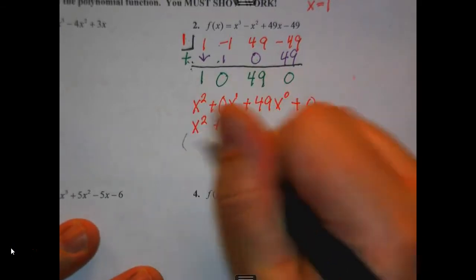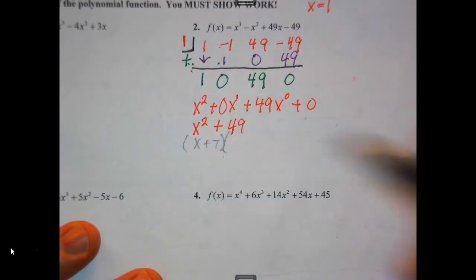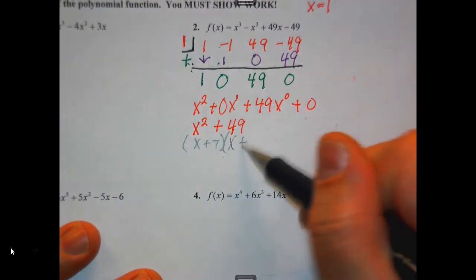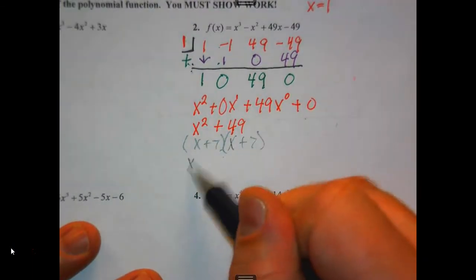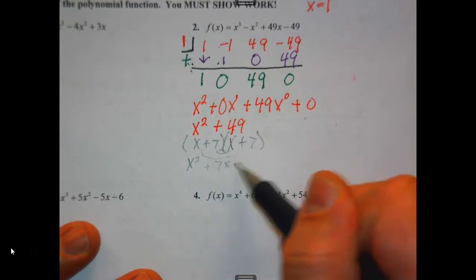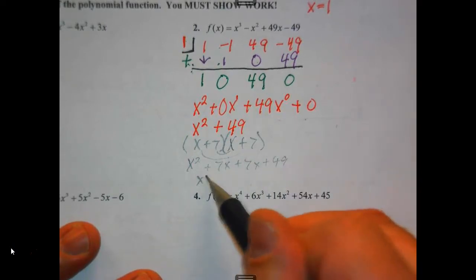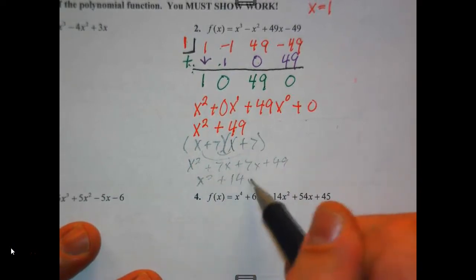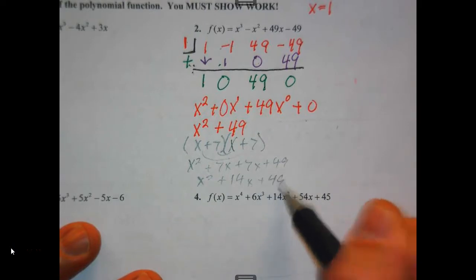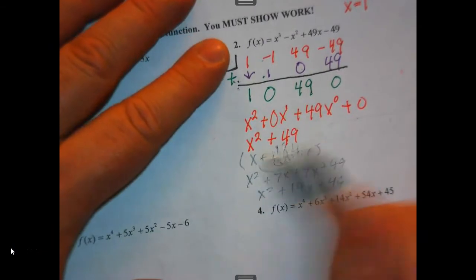X plus 7 and what? X plus 7, x plus 7. Let's see, that gives me x squared plus 7x plus 7x plus 49, which gives me x squared plus 14x plus 49. Nope, that's not it. Anybody else?